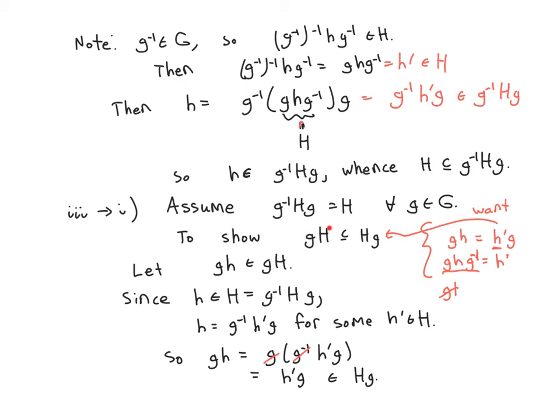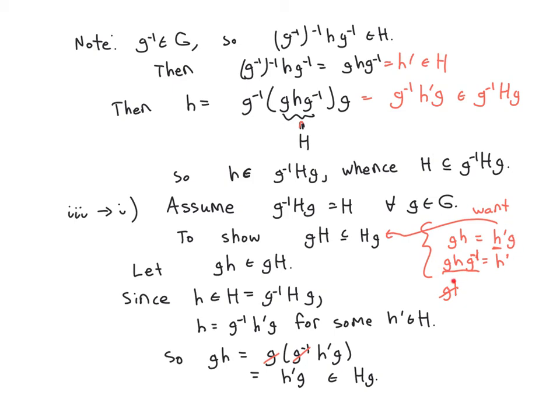We want to take something in the left coset, so something that looks like little g times a little h, and we want to show that we can rewrite it as little h prime times little g, something in the right coset, for some little h prime that we need to solve for. Well, just multiply through by g inverse, and we reveal that h prime should be equal to this.